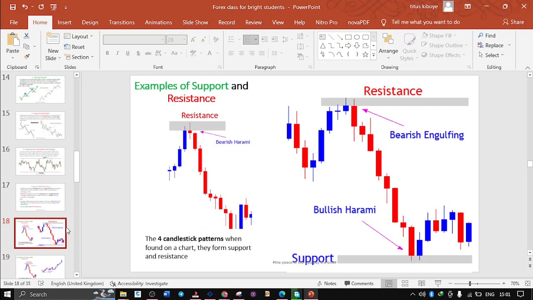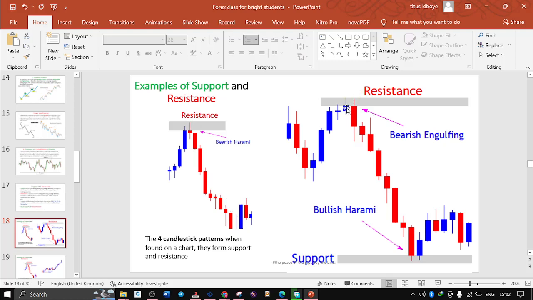Now, this next picture represents support and resistance. You see here this is a bearish harami: a bull candle first, a bear candle next, forming a resistance and preventing prices from going higher. Thus, the market reverses and continues down.